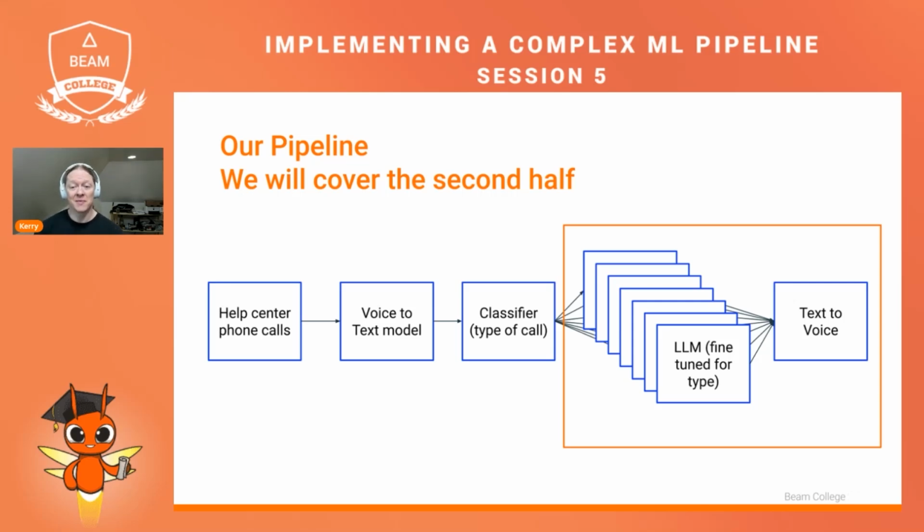In this case, they are not actually fine-tuned models to help you find a replacement for your debit card. They're just random small LLMs that I've taken from Hugging Face just to demonstrate that you can route different keys to different models and how to do that. Finally, the output of those LLMs is text once again, and we're going to transform it using a different model to go from text back to speech, where we'll then save it as audio. And we're focusing on this second half today.